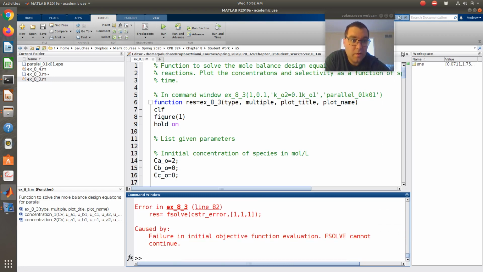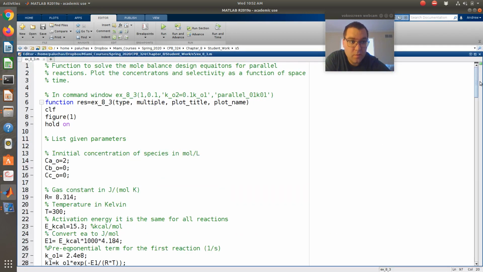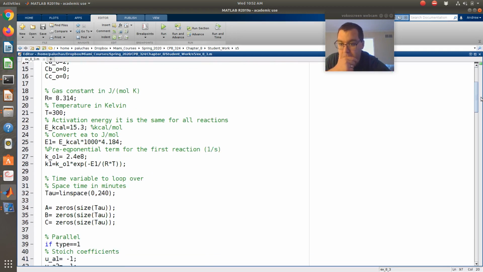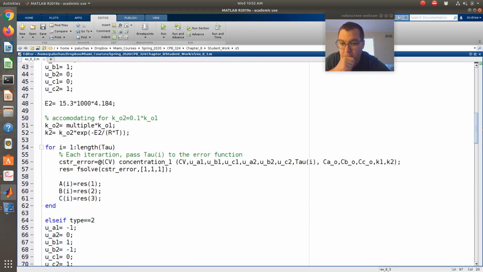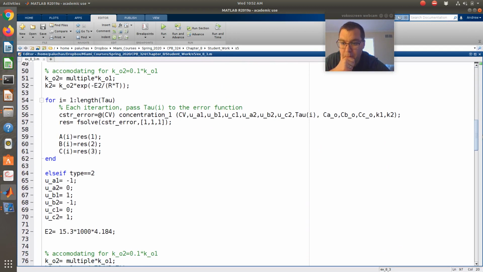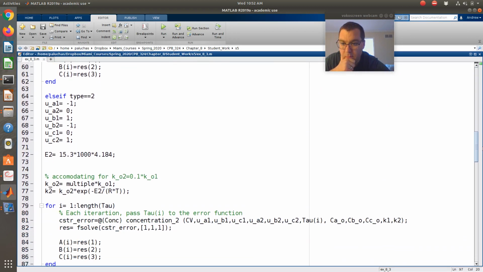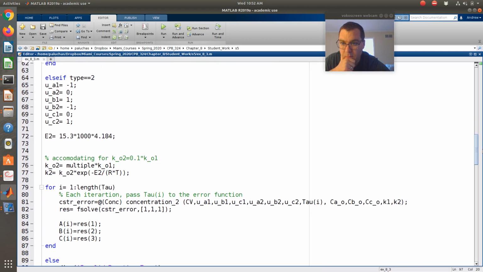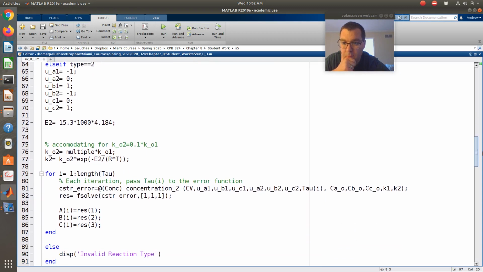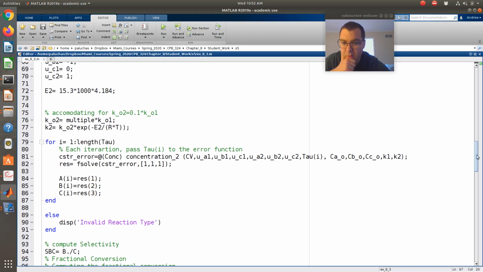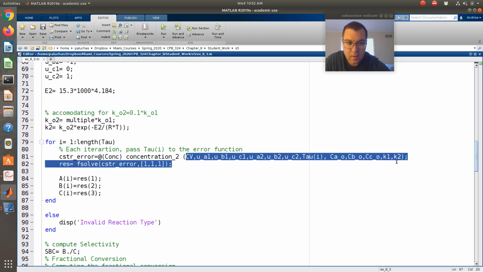All right, so let's take a look at that objective function. So that's fine. Okay, so what we want to look at is here. So I'm looking at concentration 2 now.